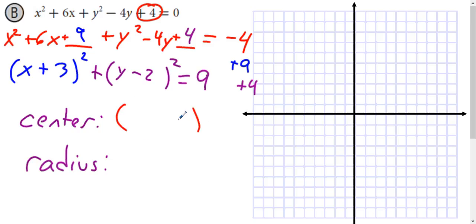So our center, remember you just have to change the sign, so that's negative 3, positive 2. And our radius, r squared, is 9, which means the radius is 3. So when we graph that, we go to the center, -3, +2, put our point for the center.